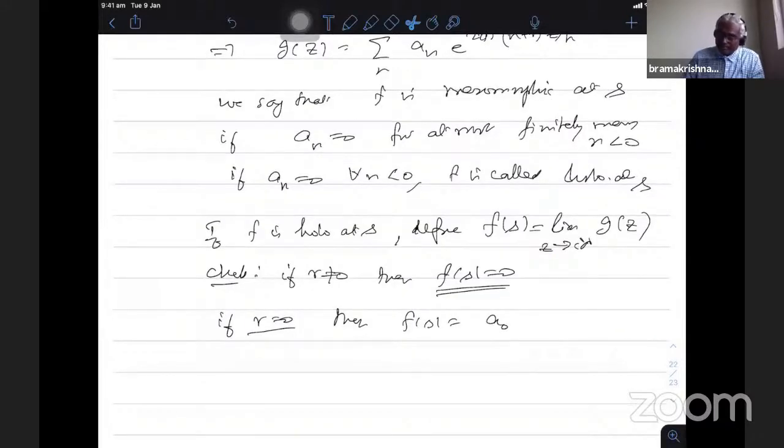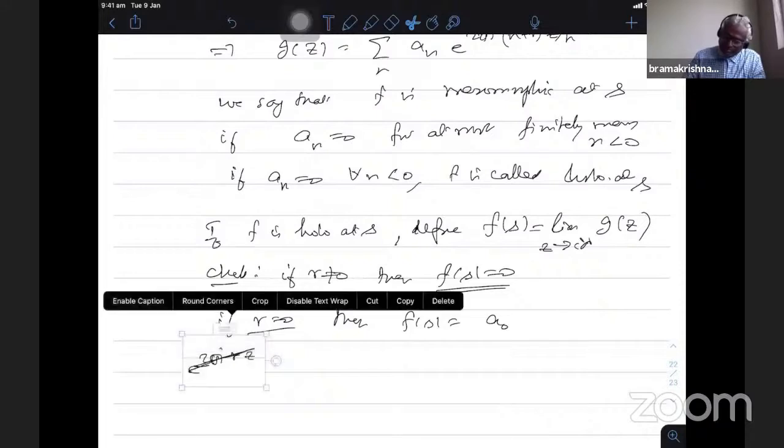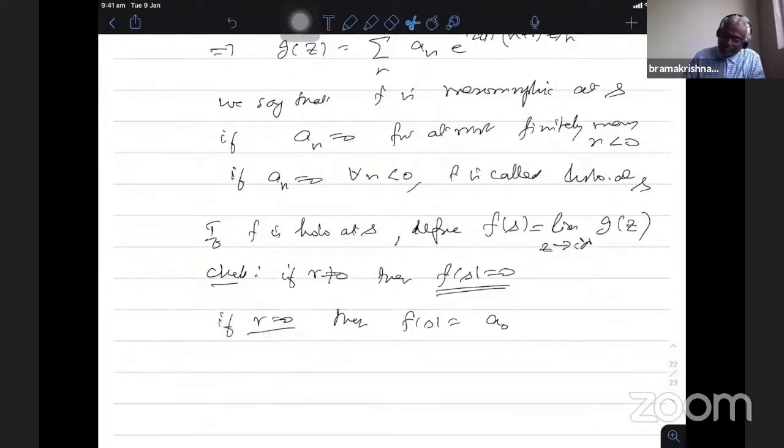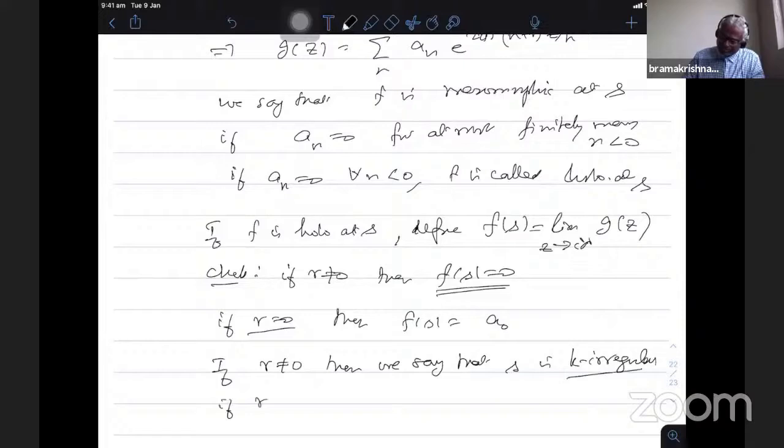So if r is not equal to 0, then we say that the cusp s is k irregular. If r equal to 0, then we say that s is k regular. That's the definition of regular and k irregular cusps.